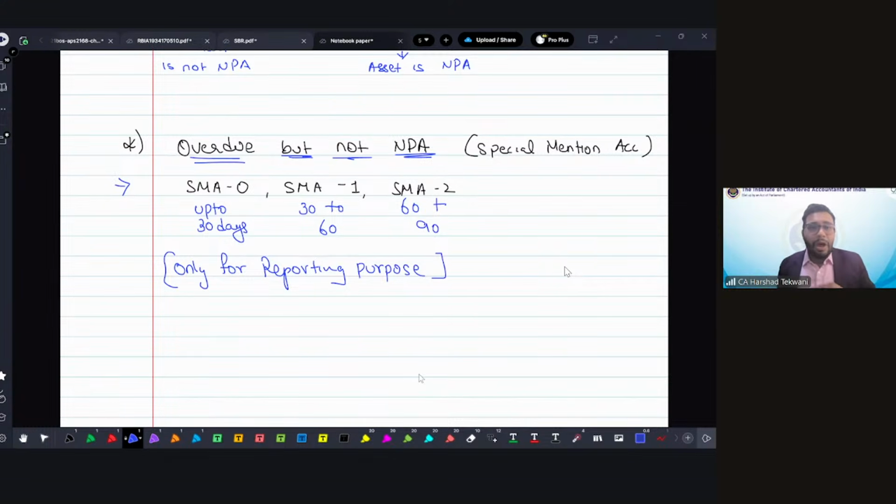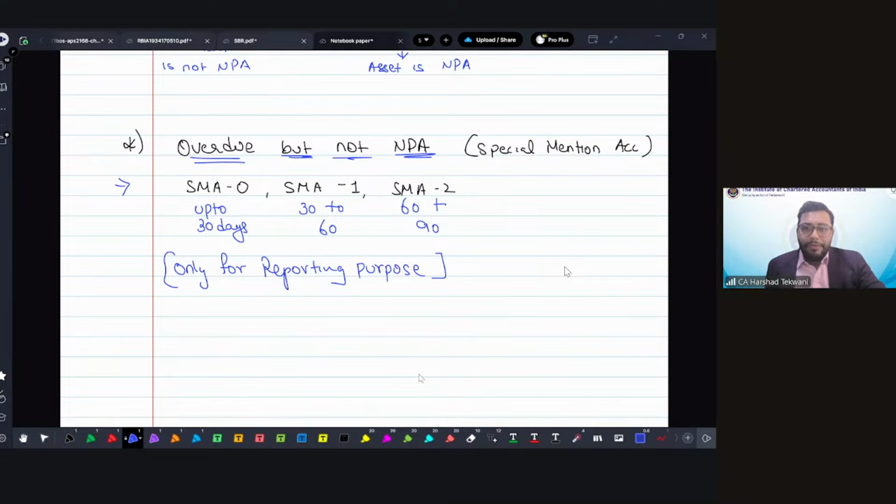Any doubt till now, whatever we have discussed? So standard asset is equal to before overdue. Yes, kind of. You can say standard asset means it is before overdue, or you can say it has not become substandard. Or sir, after overdue but before NPA, which classification of assets?